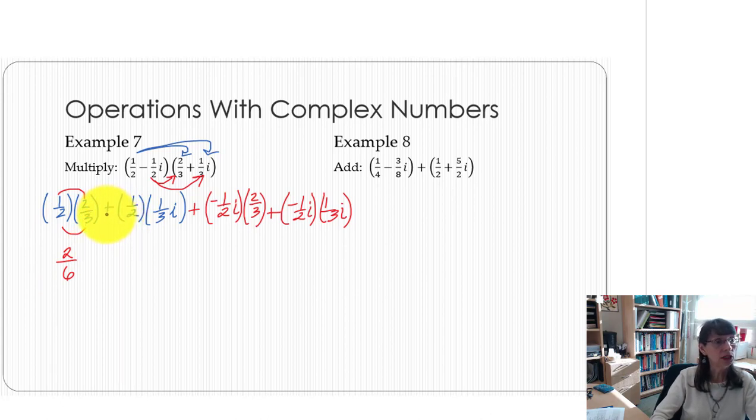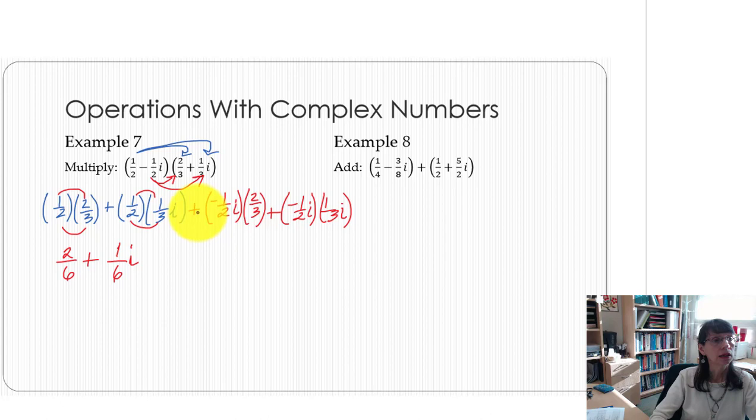Next, I have addition of a positive times a positive, so that really will remain addition. Numerators, 1 times 1 makes 1. Denominators, 2 times 3 makes 6. And don't forget, there is a complex number involved. So that's really 1/6 i.